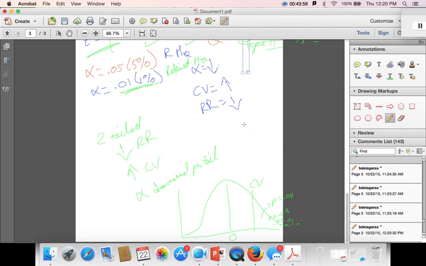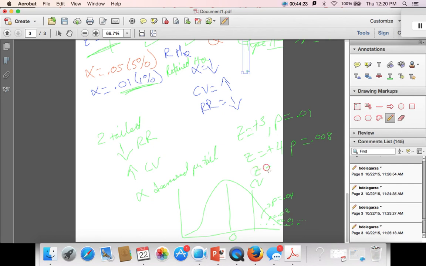So think of it in the following form: if my z-score equal to +3 lands inside the region of rejection, the p-value may be equal to 0.01. If z was equal to +4, the p-value may be 0.008, so a smaller p-value.